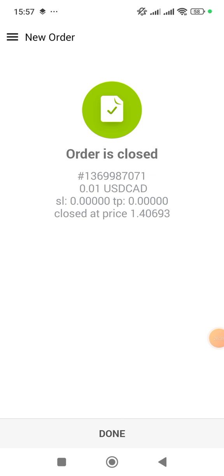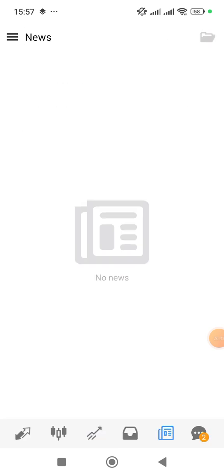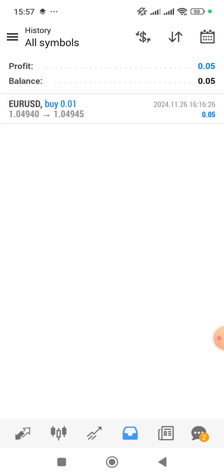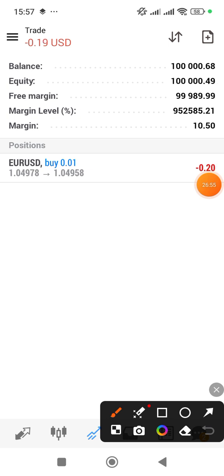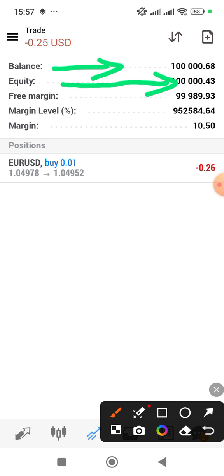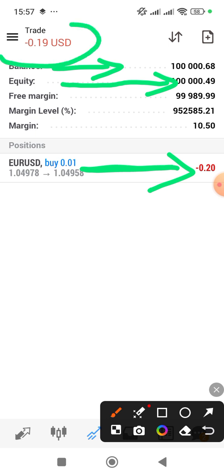So I've closed that one now, and if I go to history, this is a closed trade. But this one here I've not closed. It's still running. It's called a running trade or floating trade. So equity is my balance plus whatever I have here, whether it is profit or loss. That's my equity.